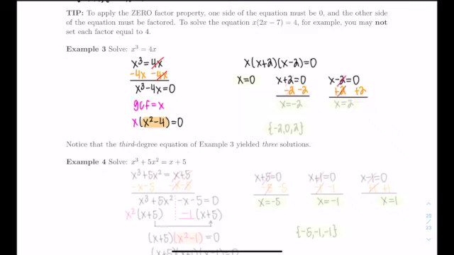And so it ends up canceling on the left-hand side, and we get that x equals negative 2, and we also get that x equals 2. So this time we got 3 solutions. X equals 2, x equals negative 2, and x equals 0.